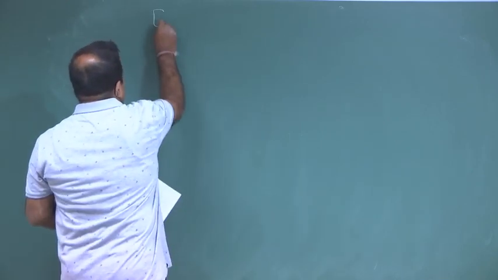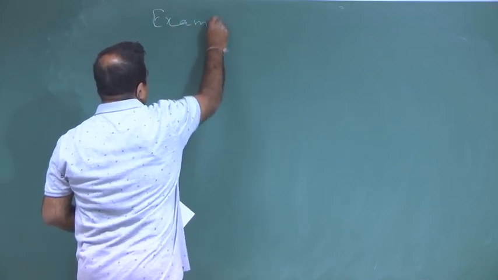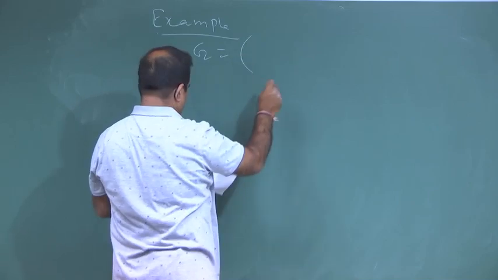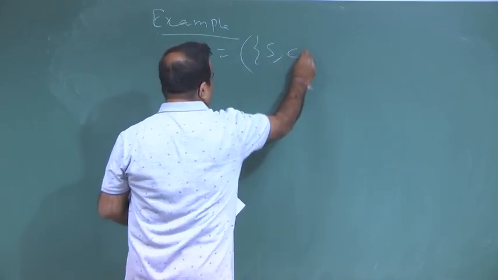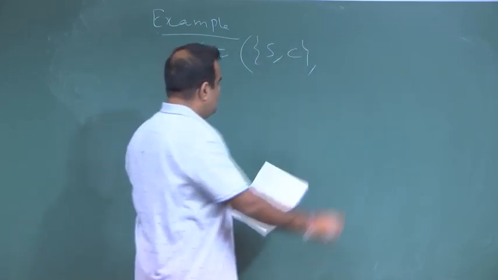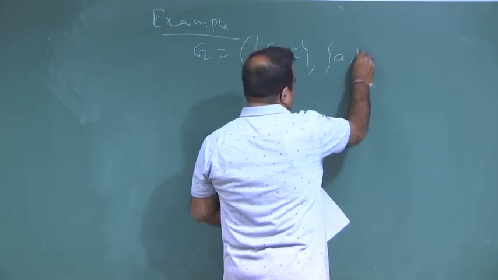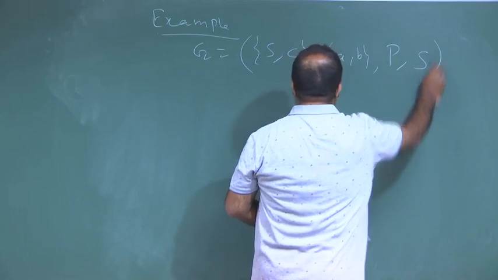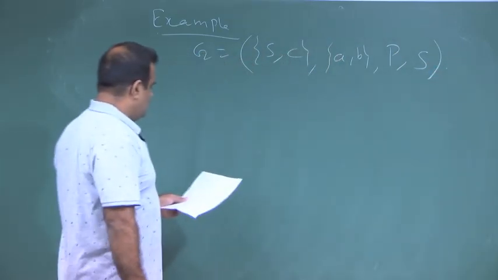Okay, so just a quick example. Suppose we have a grammar like this. We have two variables, S and C, and the alphabet or the terminals are a, b, and P is the production set.